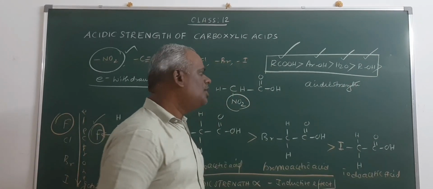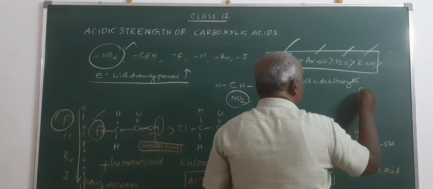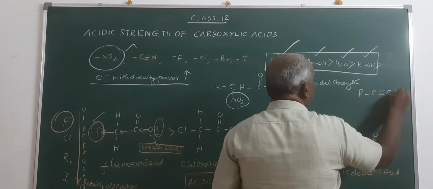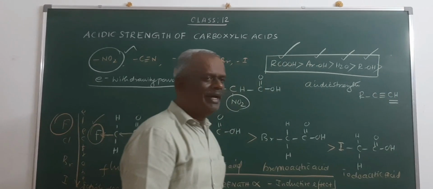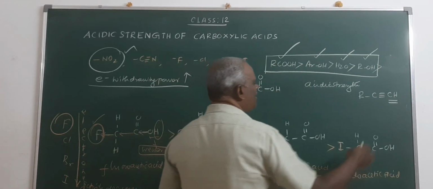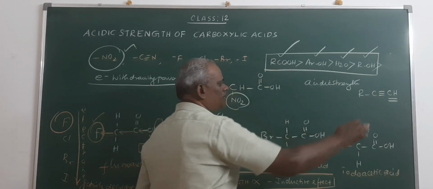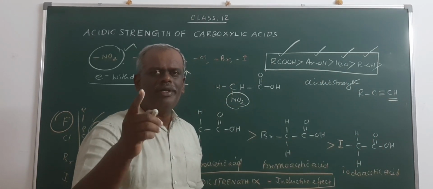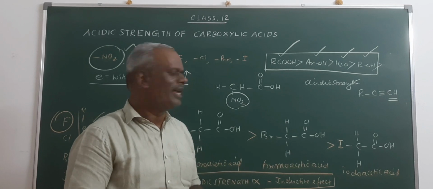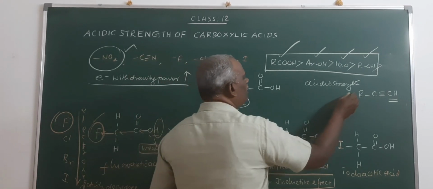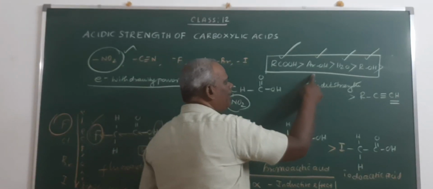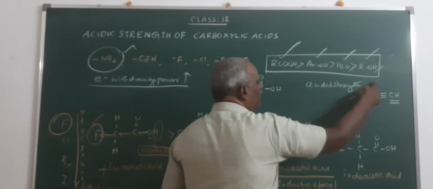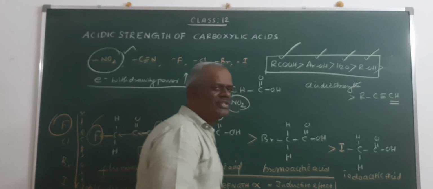Even when you have an alkyne like this, the hydrogen is not an easily replaceable hydrogen. So it has the least acidic strength among all the substances. Any organic compound having a replaceable hydrogen is an acid. So the order may be given as follows: carboxylic acid first, phenol next, water, alcohol, and alkynes.